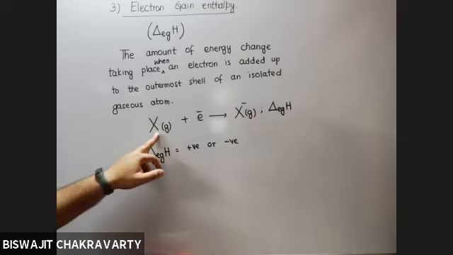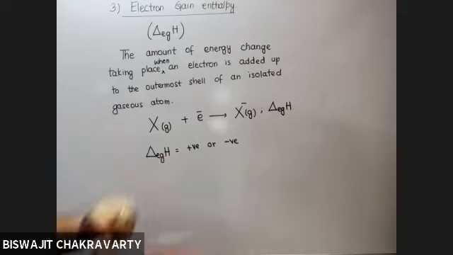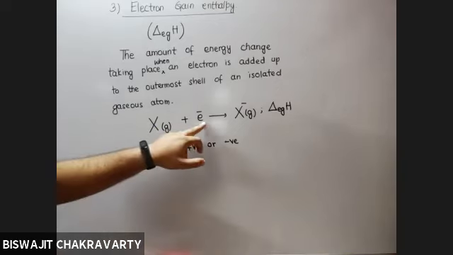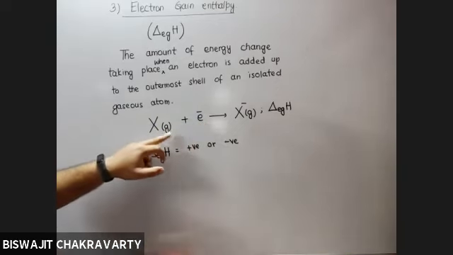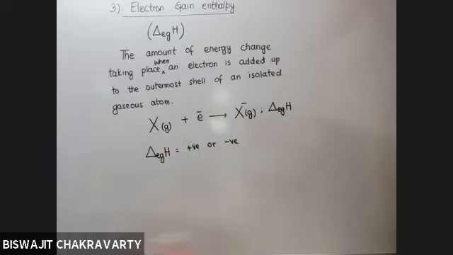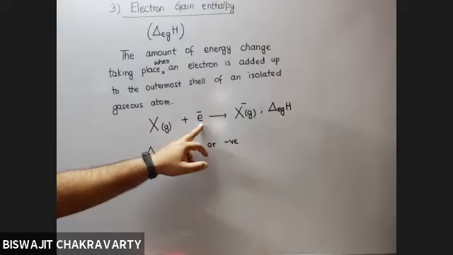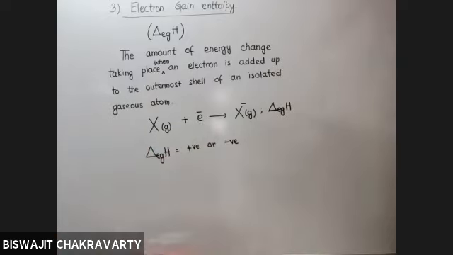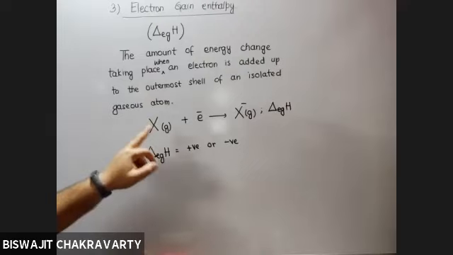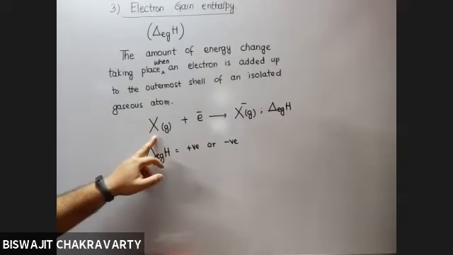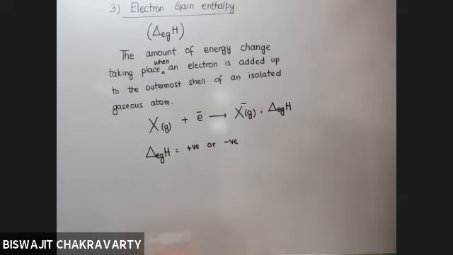So those atoms who are in great need of electron, they will easily take away the electron, and in return, they will release greater amount of energy. And the more energy that is released, we can say that the more easily the electron is acceptable to the atom. But if the atom is not in any mood to accept the electron, then obviously it will not release energy. There is no question.